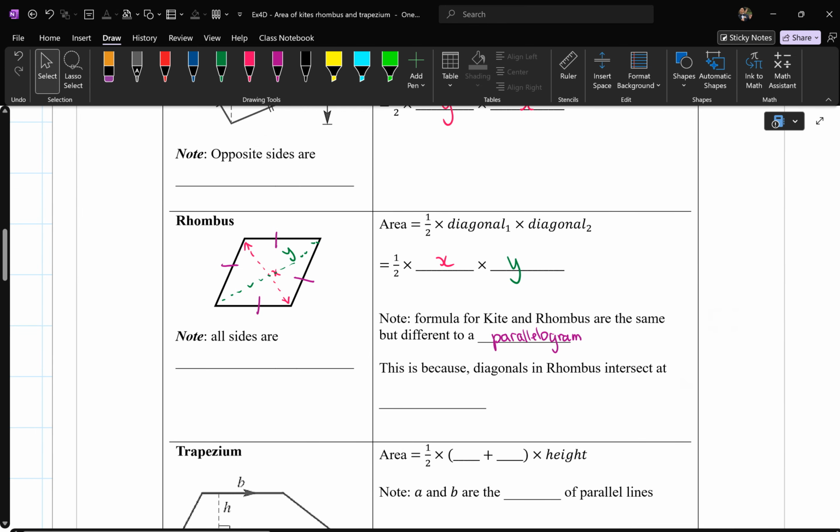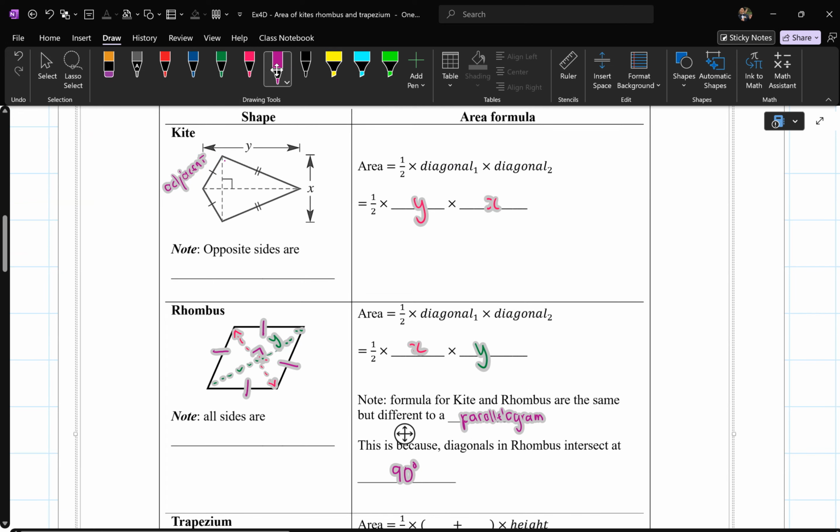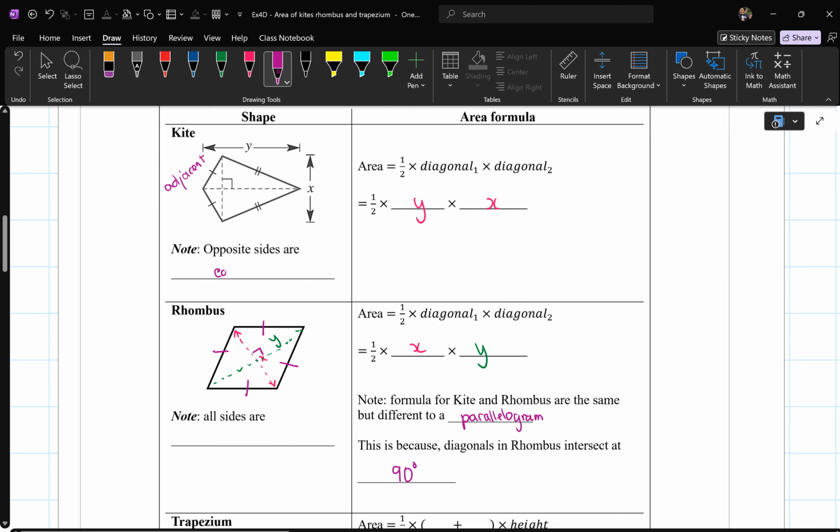The answer is that the diagonals in a rhombus intersect at 90 degrees, kind of similar to the kite. See how the diagonals intersect at 90 degrees? That's why the formula is the way it is. Whereas in a parallelogram, most times they don't intersect at 90, though they can. So opposite sides are equal, or not equal. This one here, not equal.